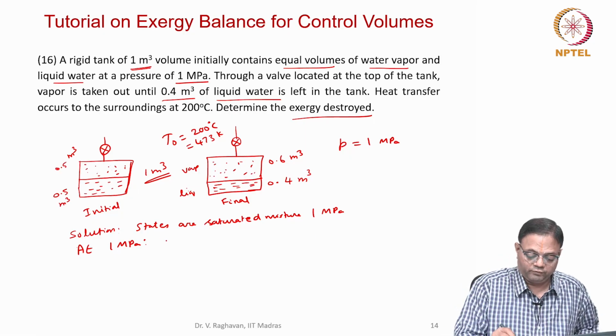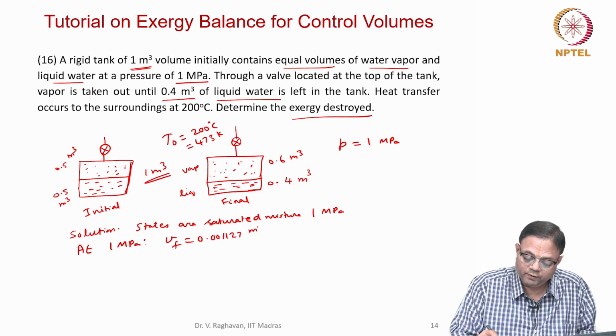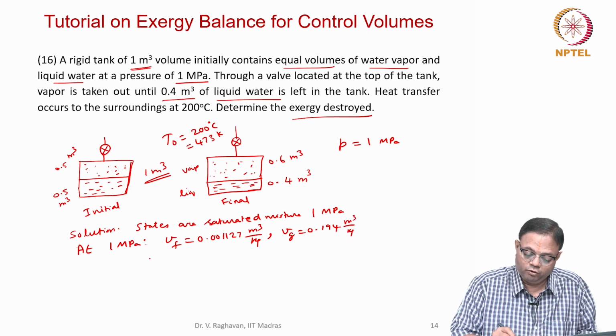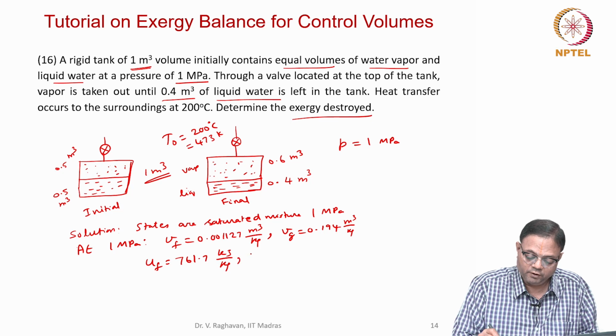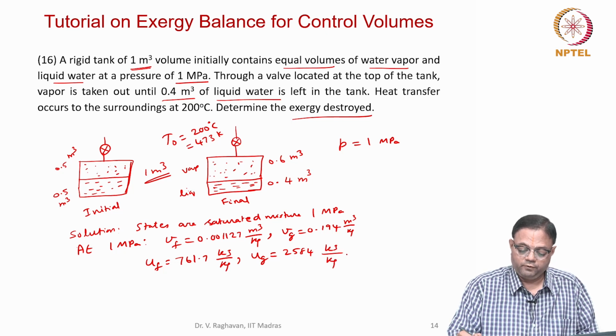Okay, so we can say Vf equal to 0.001127 meter cube per kg, Vg equal to 0.194 meter cube per kg, Uf equal to 761.7 kilojoule per kg, Ug equal to 2584 kilojoule per kg.